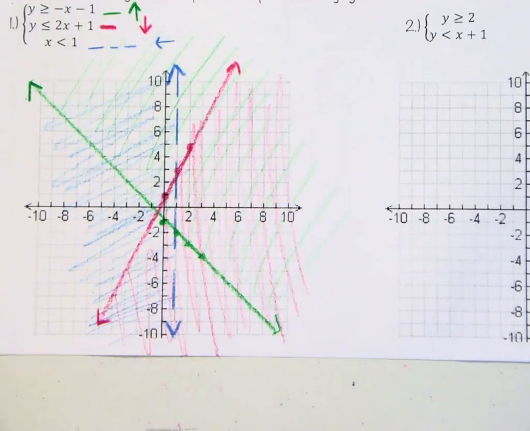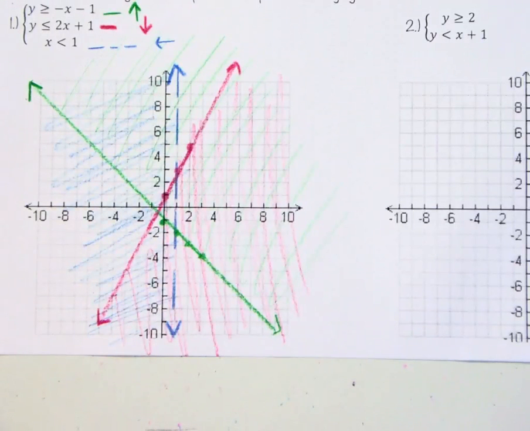Now, the last thing that I ask you to do, because I want to know that you understand exactly where your solution set is. Your solution set is where all of the shading comes together. So what I ask you to do is take a black or really dark color and go over your solution set darker.